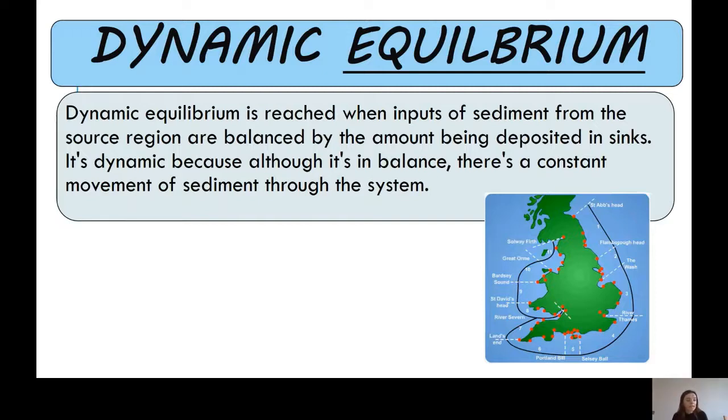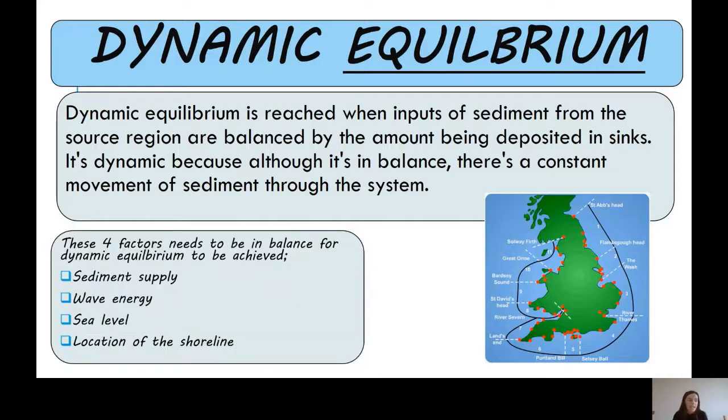So if the inputs and outputs within the coastal system are the same, then a state of equilibrium has been formed. Okay, an example would be that the rate of sediment being added to a beach is the same as the amount leaving the beach, resulting in the beach remaining the same size.